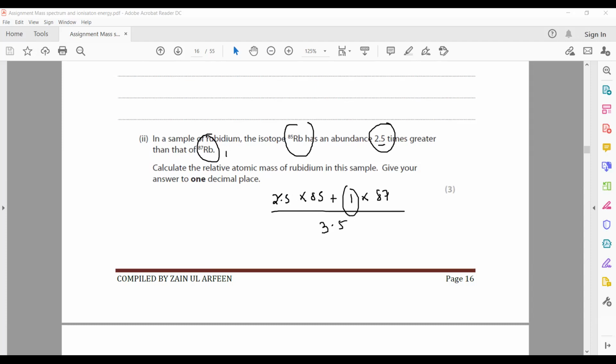Because if percentages were given, we divide by the sum of the percentages. But in this case, we have the ratio. So we divide by the sum of the ratio. So what's the answer? 2.5 into 85 plus 87 into 1, and this divided by 3.5.